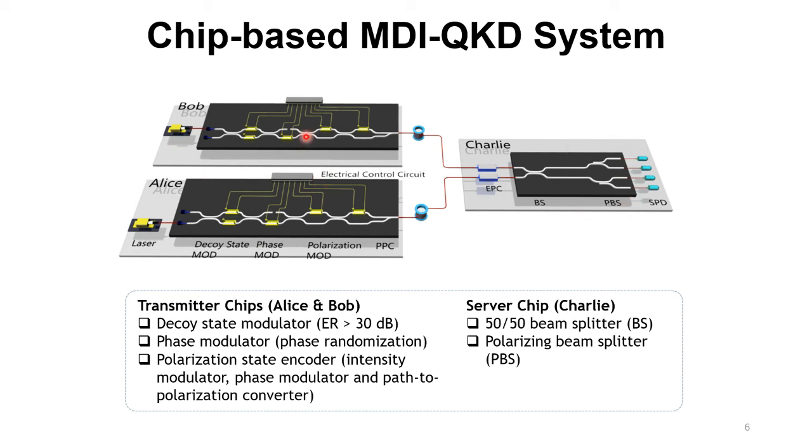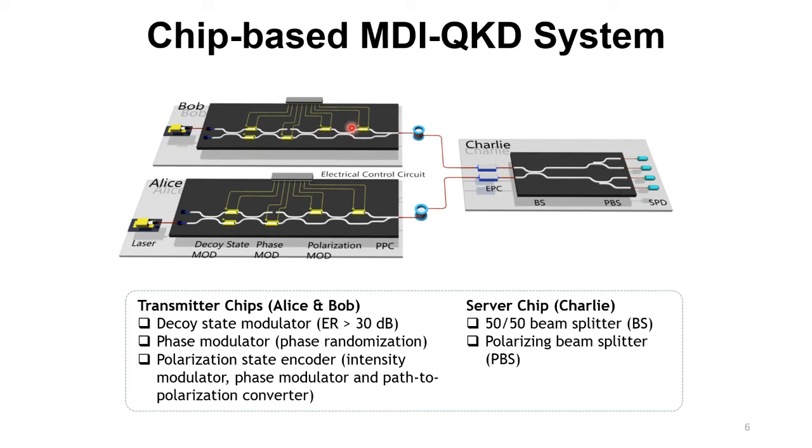For the transmitter chip, we integrate two intensity modulators, two phase modulators, and one path-to-polarization converter on it. The first intensity modulator is used to create signal and decoy states. It can provide extinction ratio over 30 dB. The first phase modulator is used to implement random modulation of input pulses.